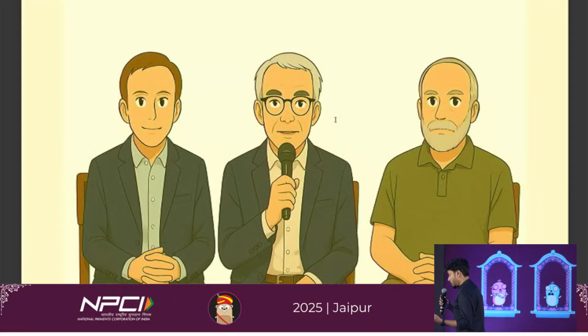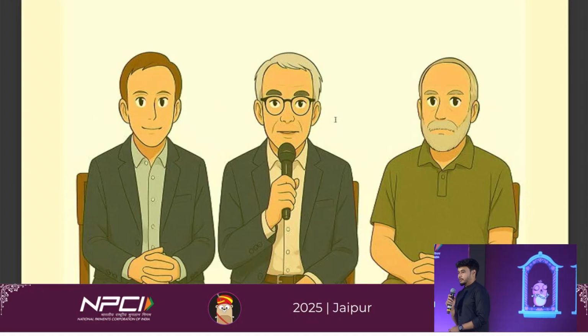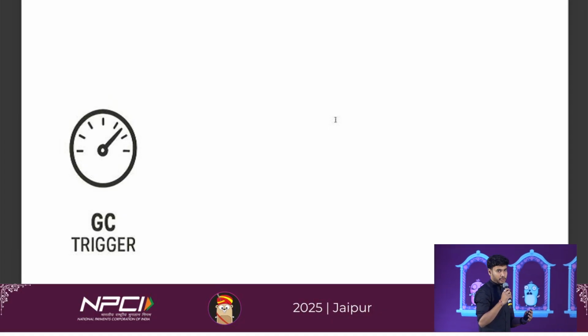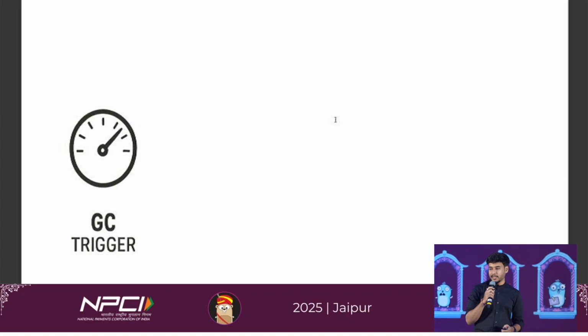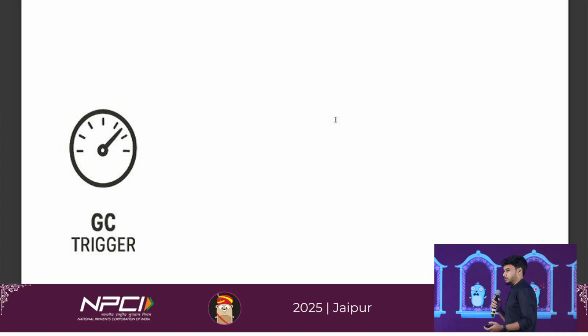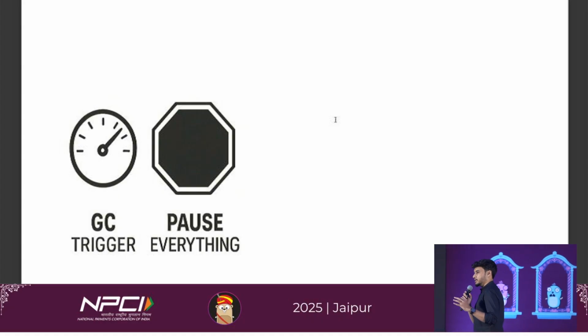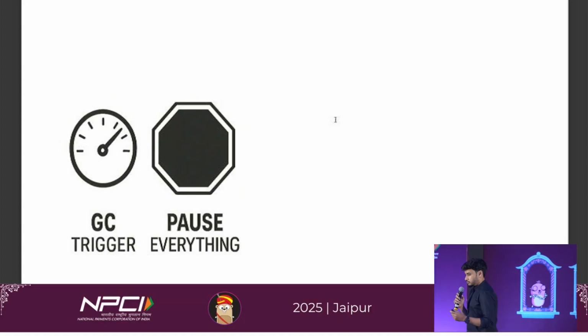So let's try and understand how it works. It starts with whenever your application heap doubles, or every 2 minutes forcefully, your garbage collector will run. Now, the first step is pause everything. So when your garbage collector runs, it practically pauses your whole application.